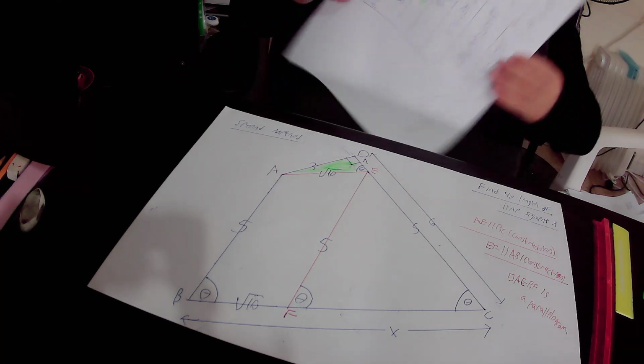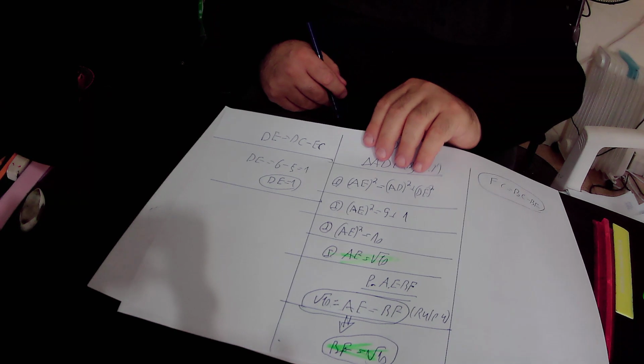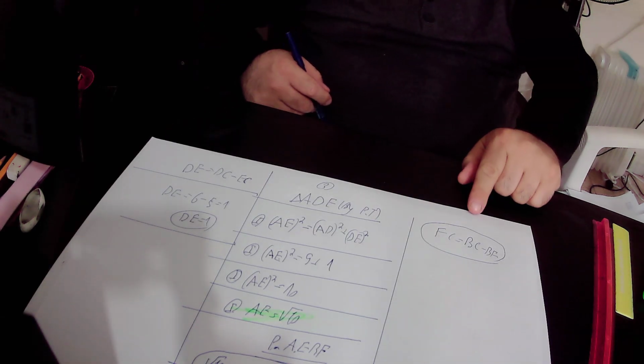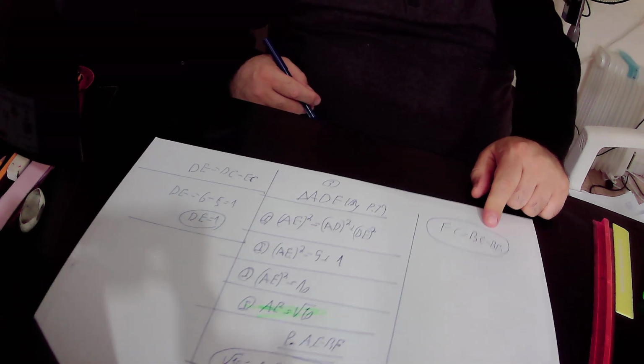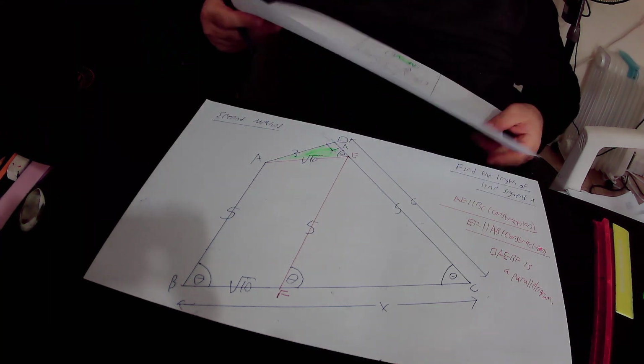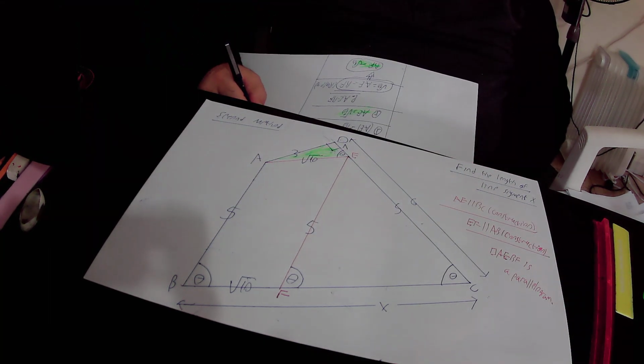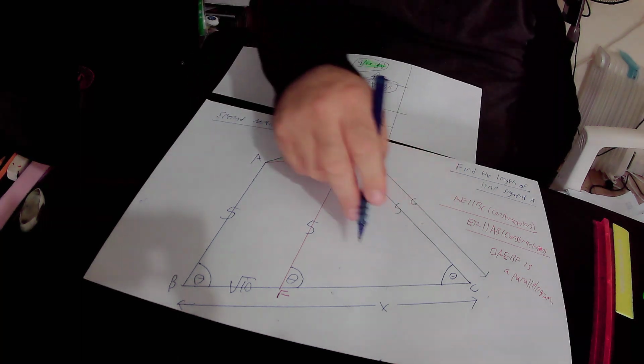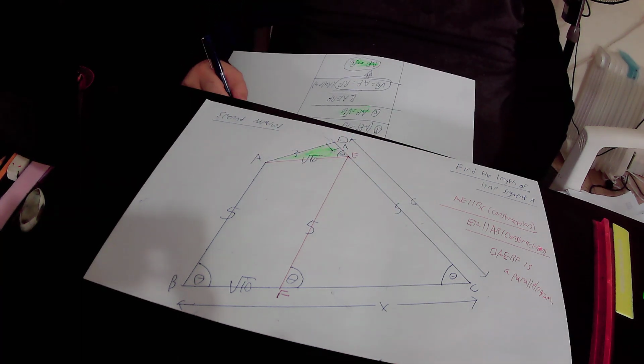I'll repeat again. FC equals BC minus BF. So FC equals BC, that is X, according to what is given in the question, minus BF.